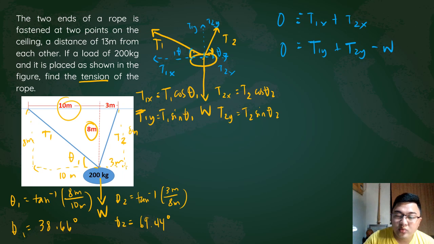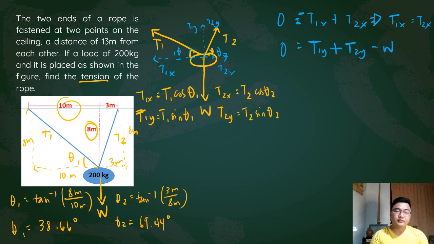We can use one of the equations and substitute it into the other. We can transform this equation into T1x is equal to T2x. And then you have here the equation for the y components.